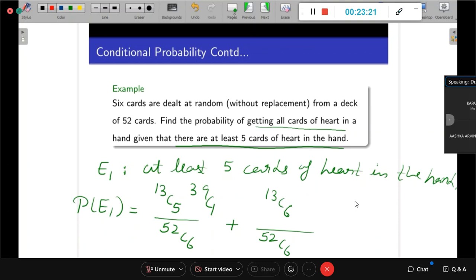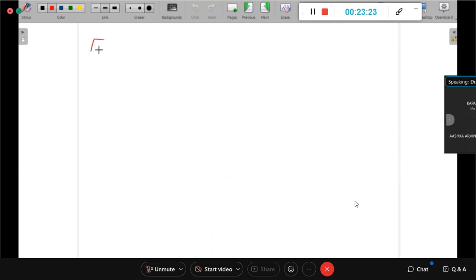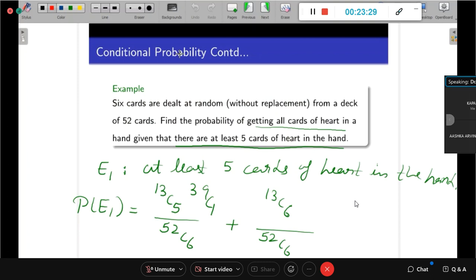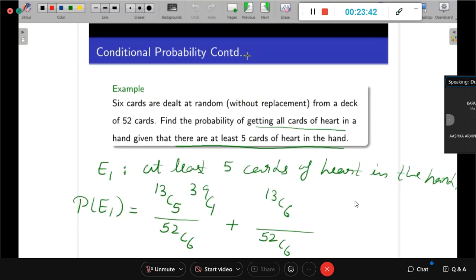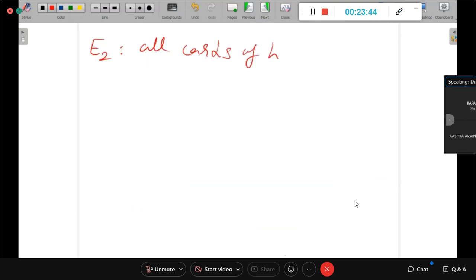Okay, now let's define the E2 event. E2 is the event that all cards in the hand are hearts.